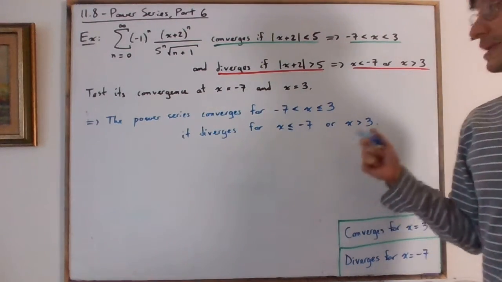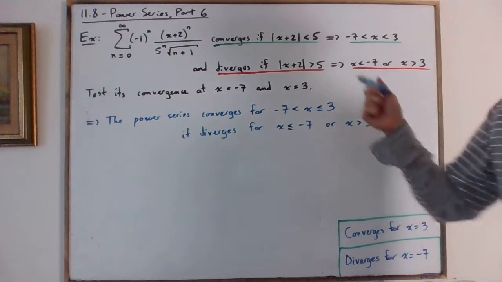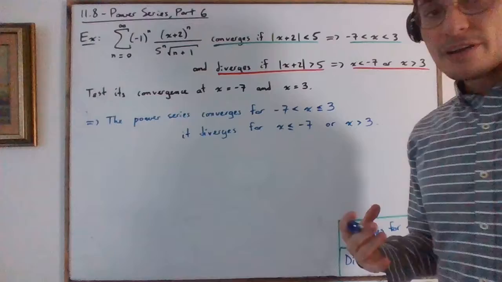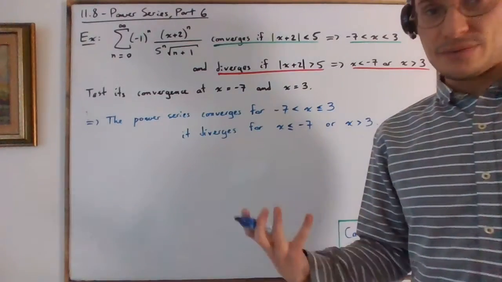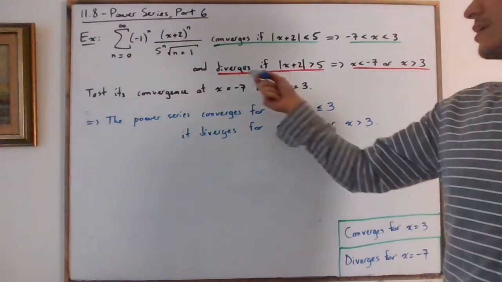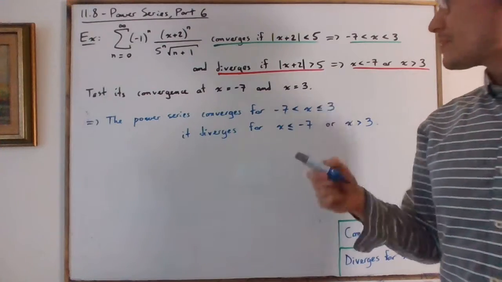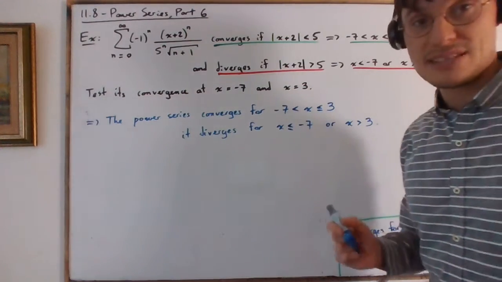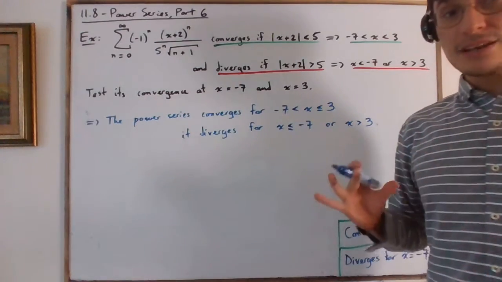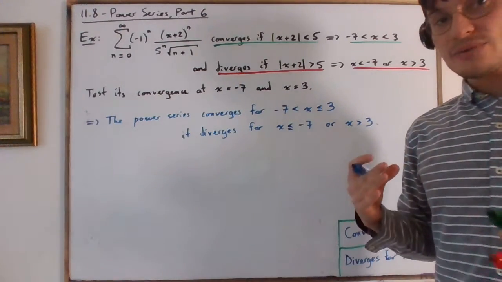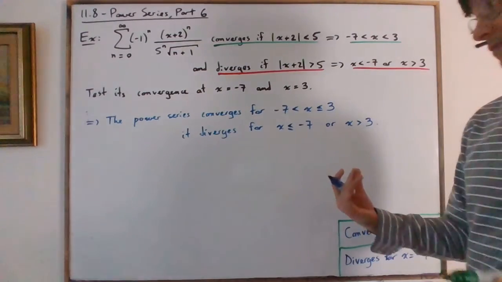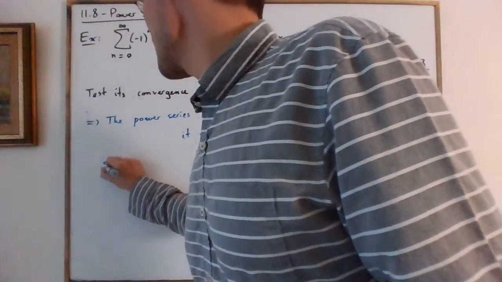Now I want to bring your attention to something. When the absolute value of x plus 2 is smaller than 5, we are guaranteed that the series converges. If the absolute value of x plus 2 is greater than 5, we are guaranteed that the series diverges. So in this scenario, we say that the power series has a radius of convergence of 5. So let's write this down.